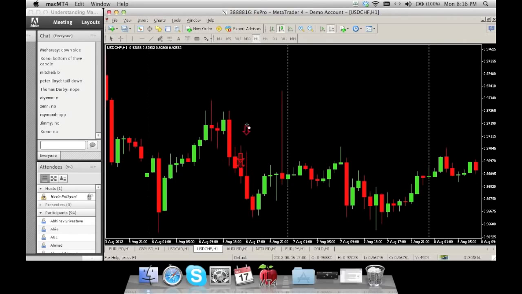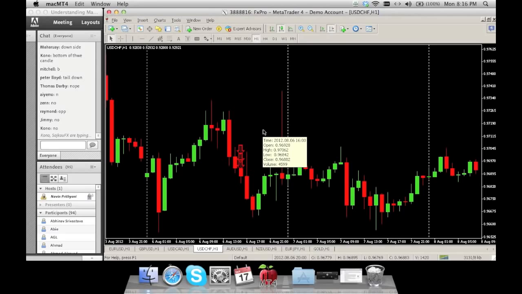In a trend continuation pattern, you need a couple of things. You need to make sure that the market is trending. Second, that it's at least bigger than the previous candle. And third, of course, you need to make sure it looks like an exhaustion. So Kono and Zen, does it make sense, the difference between exhaustion and trend continuation?